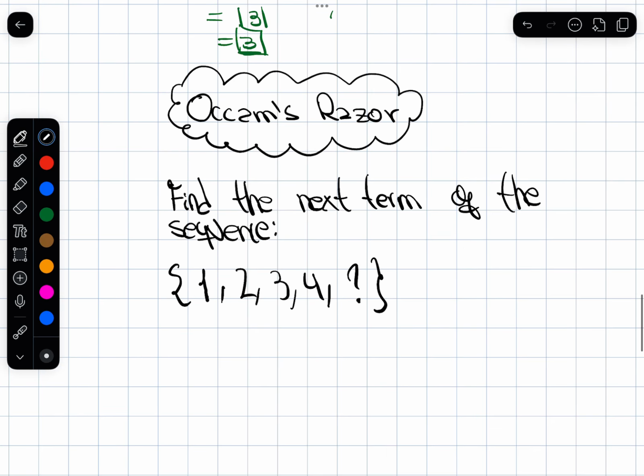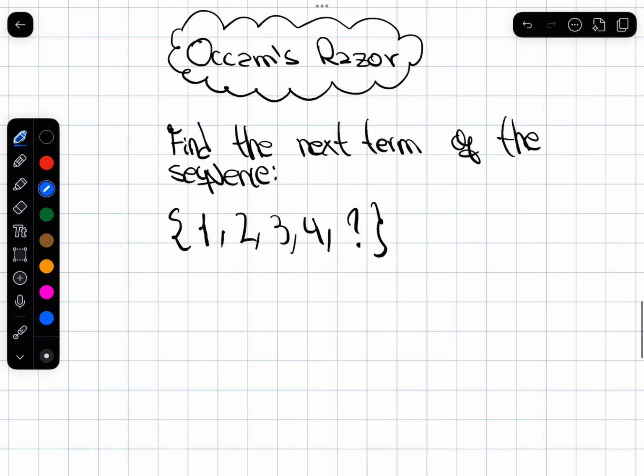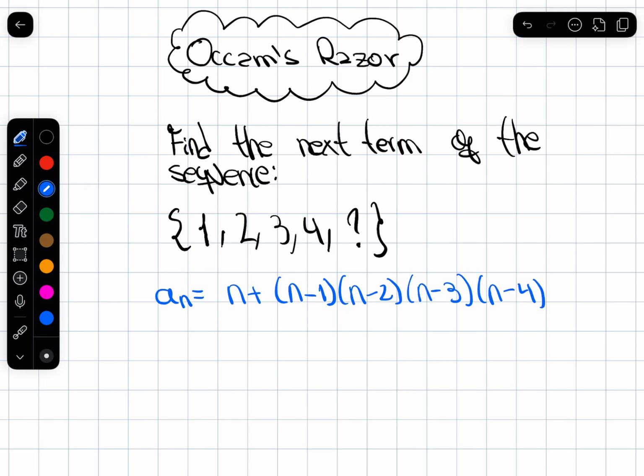And obviously the answer should be 5 if we apply Occam's razor. But somebody who's trying to be pedantic could say, okay, no, it can't be 5 because my a_n is n plus n minus 1, n minus 2, n minus 3, n minus 4, right? You can see that when I plug in n equals 1, this whole product is going to be equal to 0. And so only this n is going to be left over.